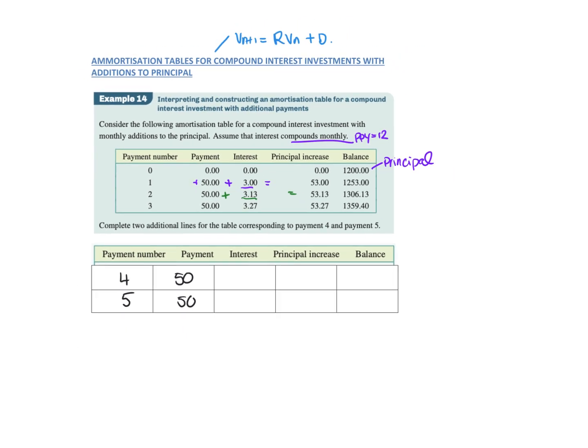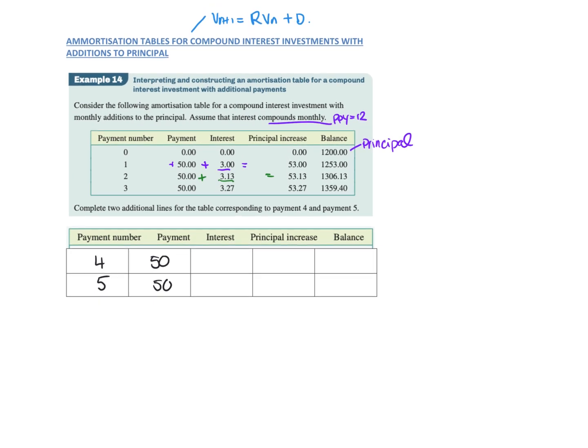Now I need a bit more room. First of all, I'm going to find the interest amount for payment 4. The interest amount is still the same thing: I do the rate over the PPY over 100 times the balance before.